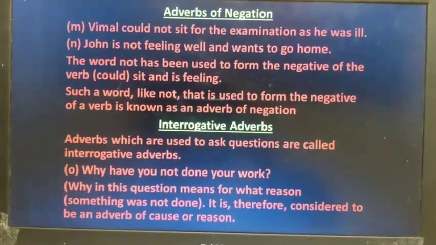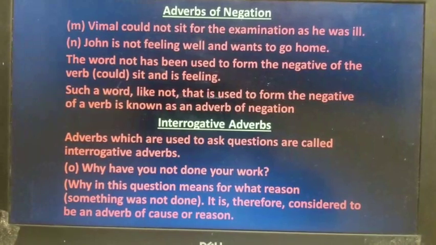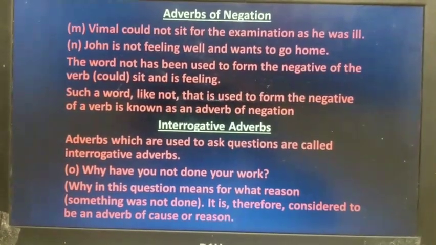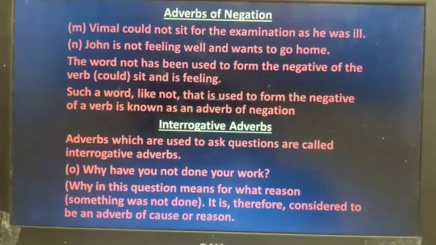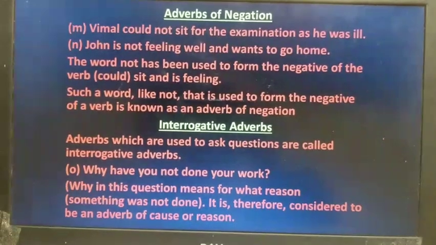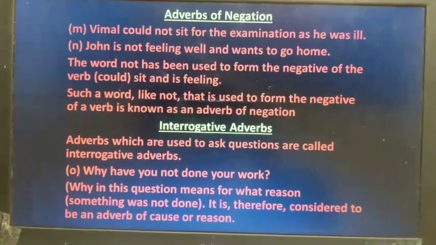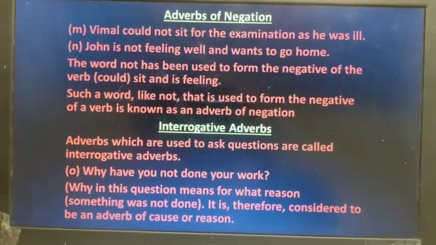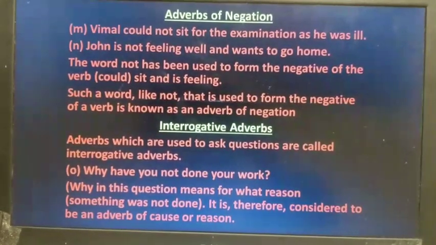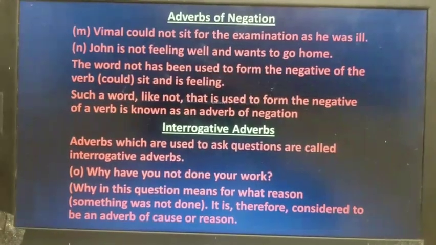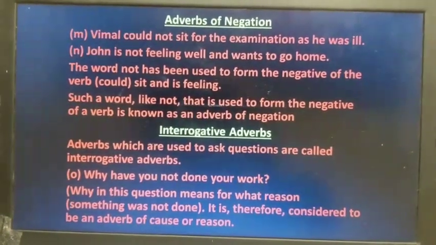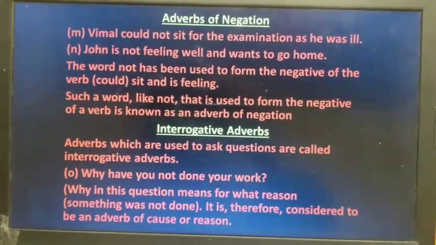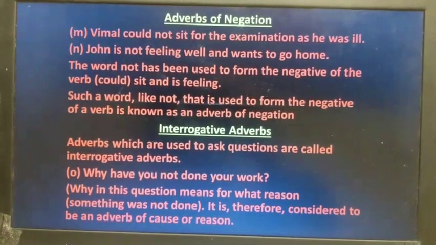If I have to use it in the positive form, I will say could sit. Vimal could sit for the examination. So could sit would have been the verb. But over here, I have put a negative verb. Could not sit. So not becomes the adverb of negation, because it is making the verb negative.